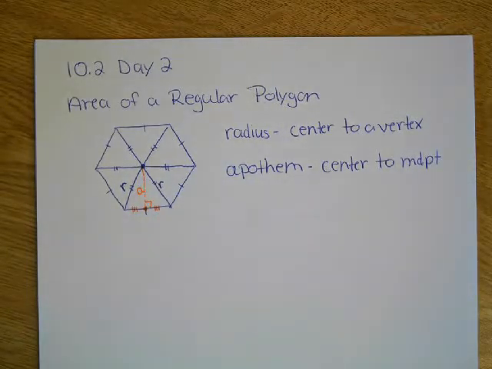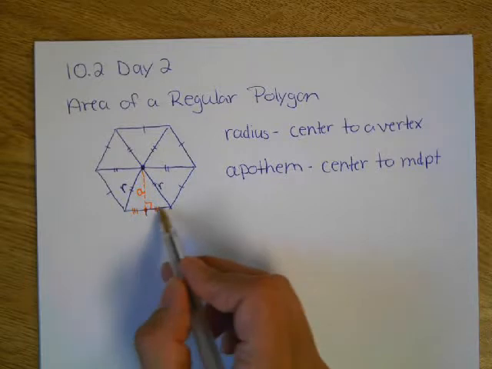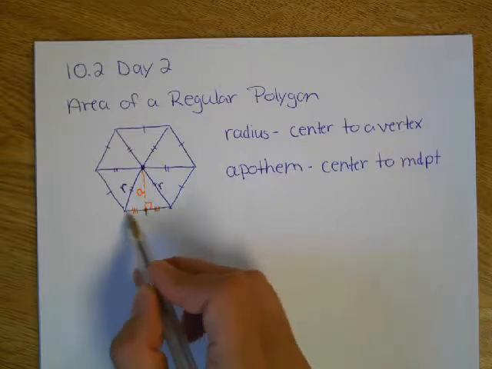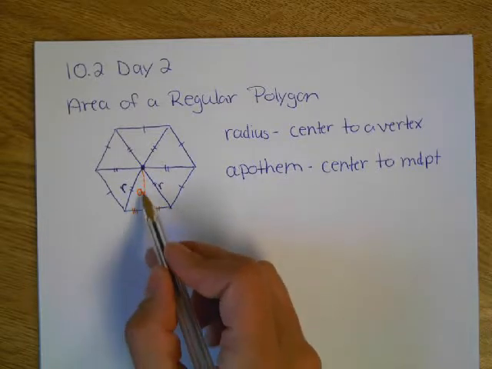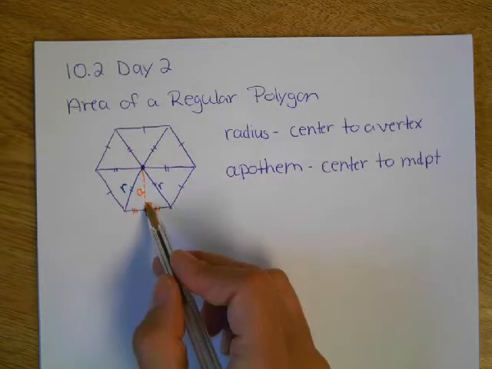Alright, so now if you think about it, the area of this one triangle would be this distance, because it's base times height, and then times a half. Well, and I would multiply that by however many triangles I have.